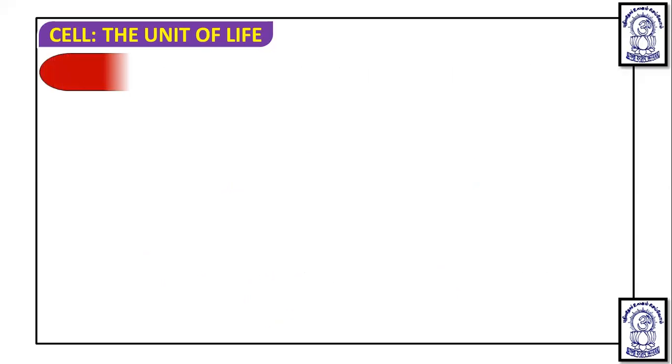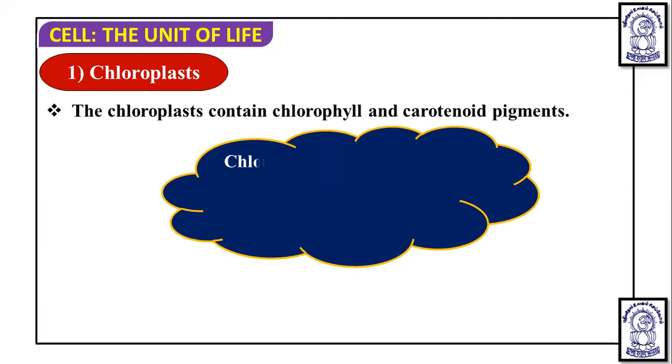Now, first we are going to discuss the chloroplast, which is one of the important organelles for our study, because in plant physiology we are going to discuss a chapter known as photosynthesis. To understand photosynthesis, first we should have knowledge of the chloroplast.